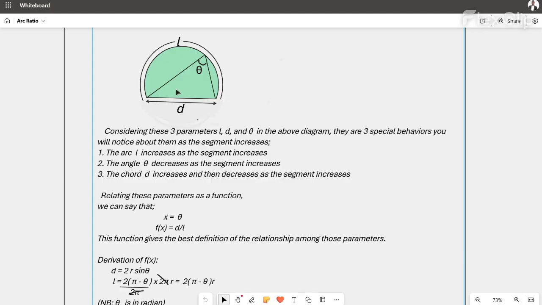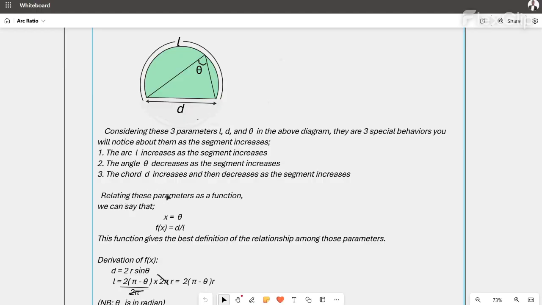Then after the center of the circle, the length of this chord will start decreasing until it finally becomes 0 when the segment turns into a full circle.